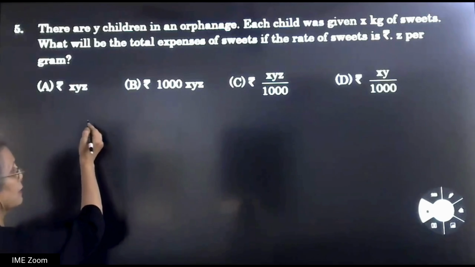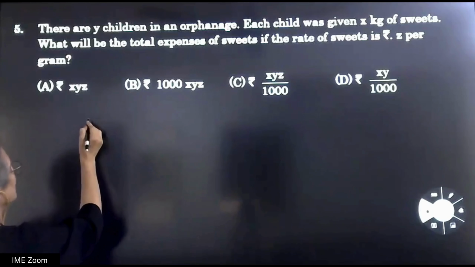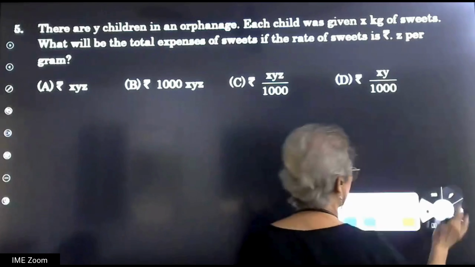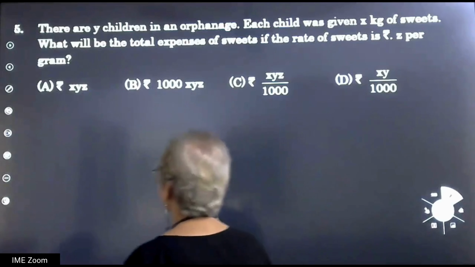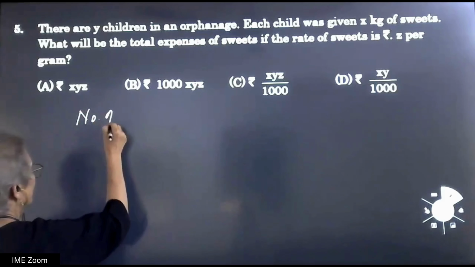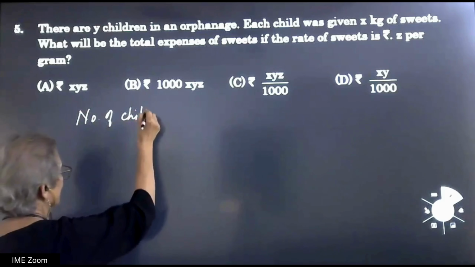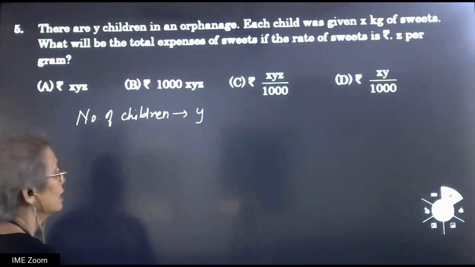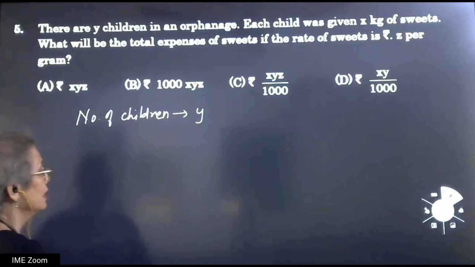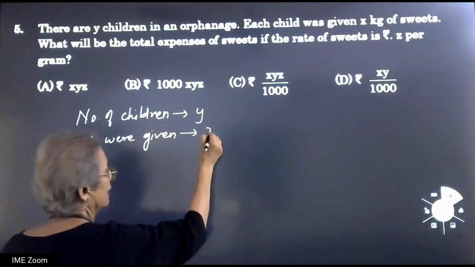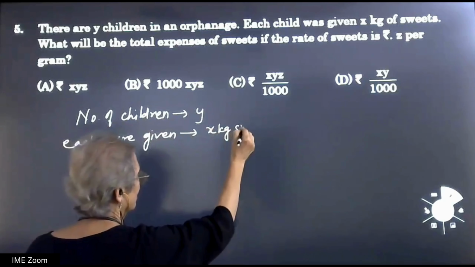Okay, so let us write: number of children, that is Y. Each was given X kg sweets.